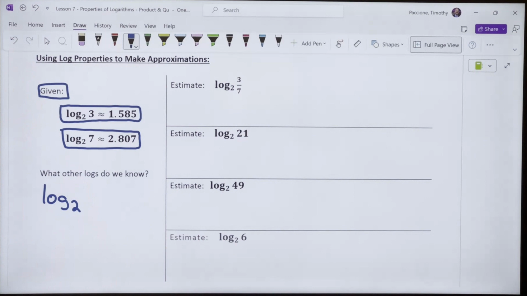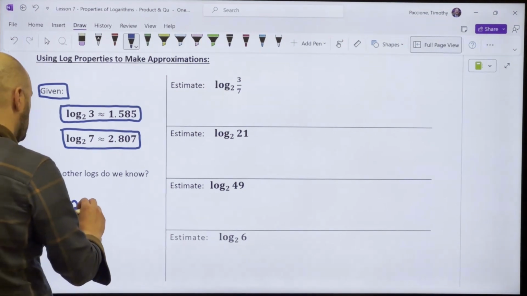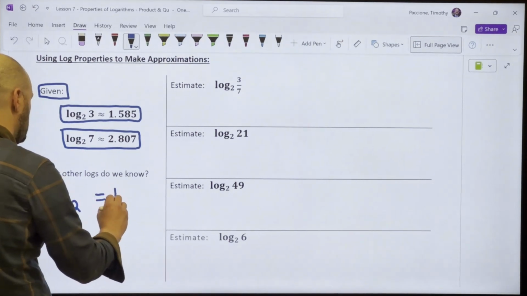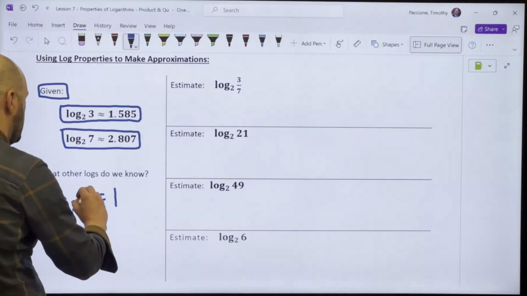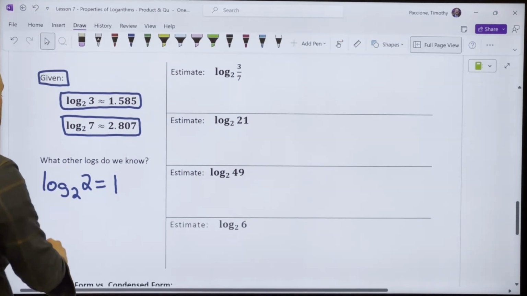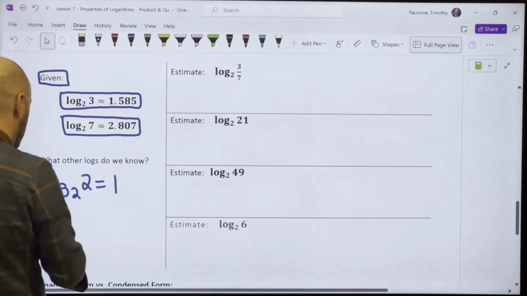Any other ones? Think about what we did in the front. Think about the rule that we discovered. Log of whatever it is by itself, if the base is the same and the answer is the same, it always equals 1. Exactly. So if this shows up, I can deal with that too, right? And there's another one you hinted at, but we didn't really talk about.